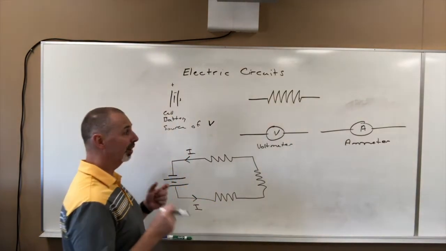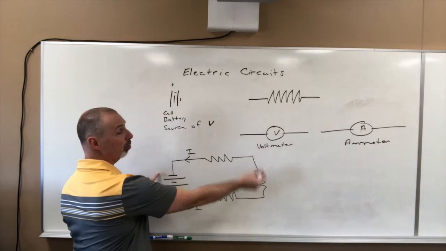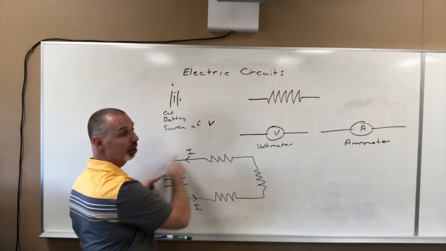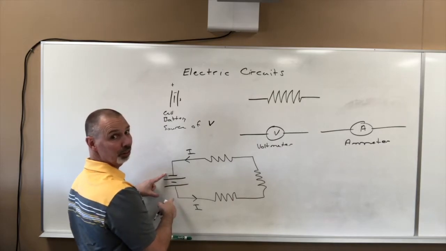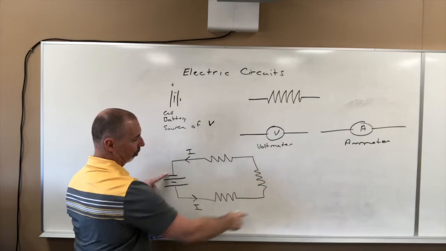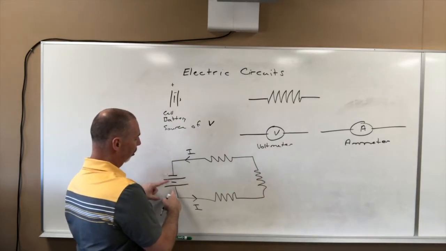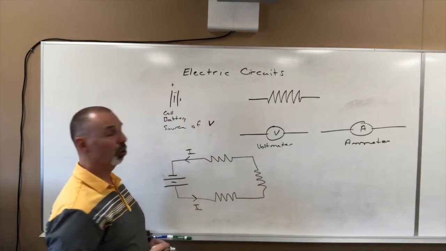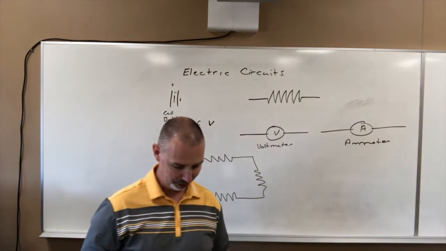The electrons would go the opposite direction because electrons would be repelled from the negative pole and attracted to the positive pole. So electrons go this way in this case, current goes this way. Again, current will flow from the positive to the negative.